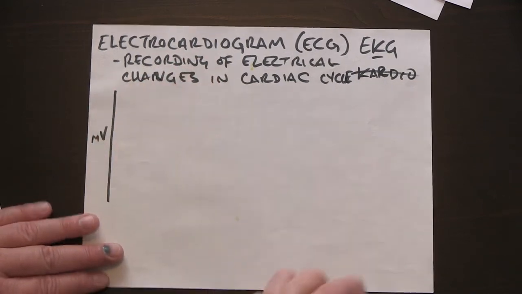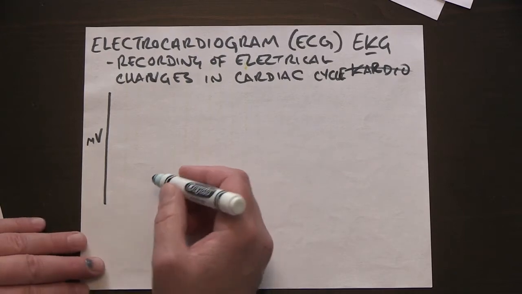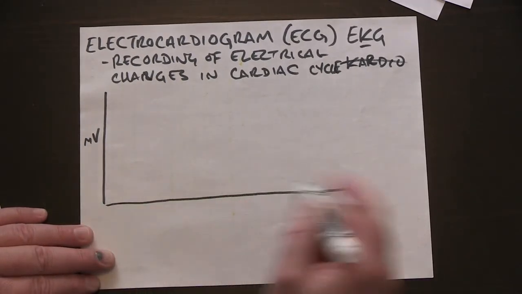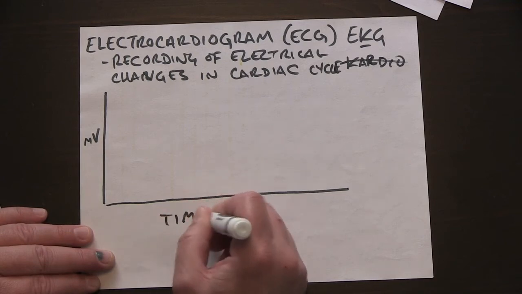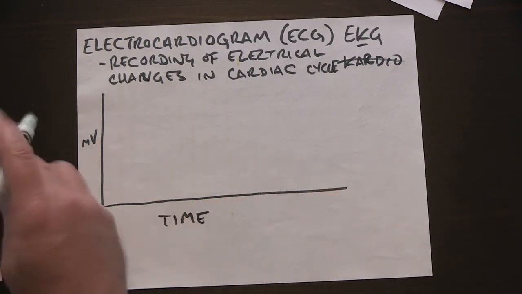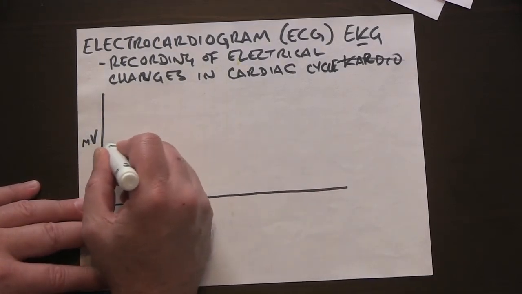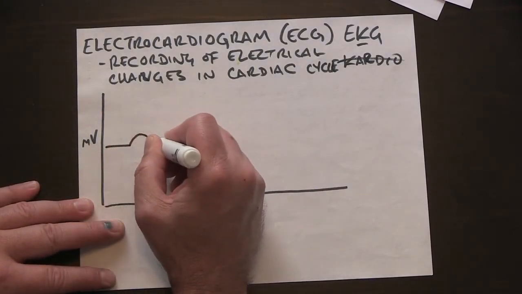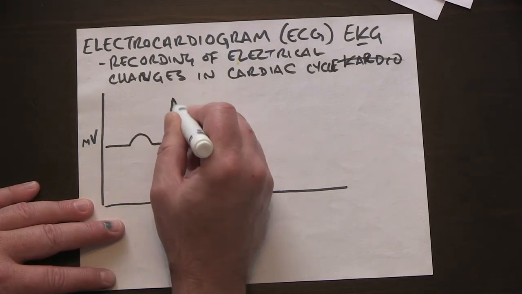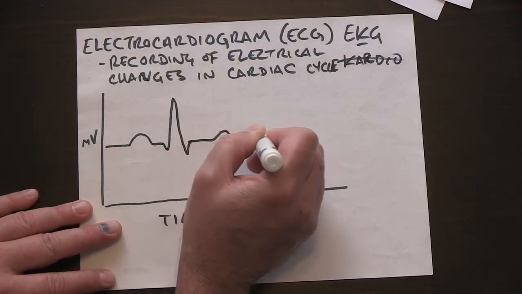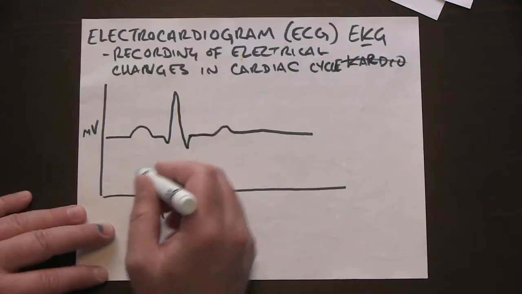On the y-axis you have millivolts, the change in electricity, and here you have time. Let's start here. You've got a bump and then bump, bump, bump, bump. Okay, that's one cardiac cycle.